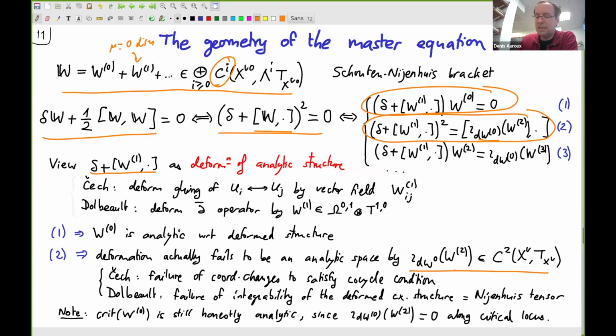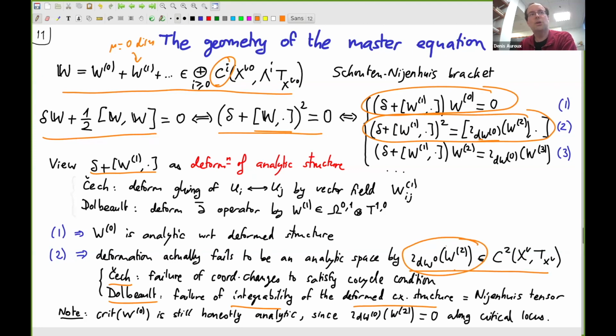So interestingly, if you stay in the Čech world like we've done, it says this measures the failure of coordinate changes to satisfy the cocycle condition. If you're in the Dolbeault world, this is much more exciting. This tells you about the failure of del bar to square to 0, which tells you, in fact, the deformed complex structure is not integrable, but instead has a Nijenhuis tensor prescribed and equal to this quantity.